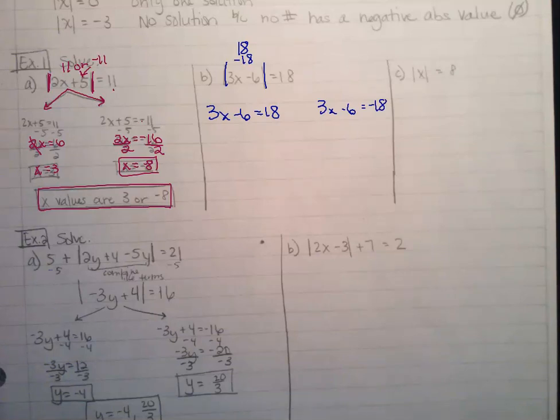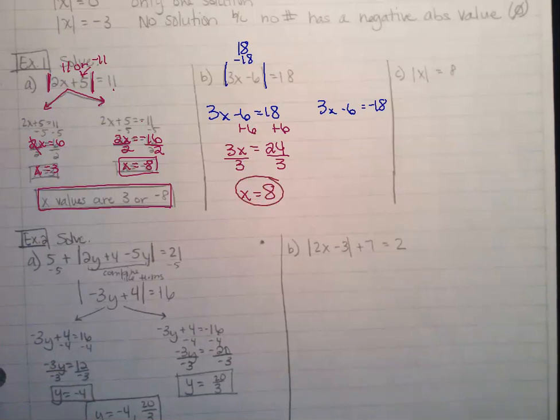You would add 6. All right, so then I've got 3x equals 18 plus 6 is 24. All right, what's my next step? Divide by 3. So x equals, what's 24 divided by 3? 8.